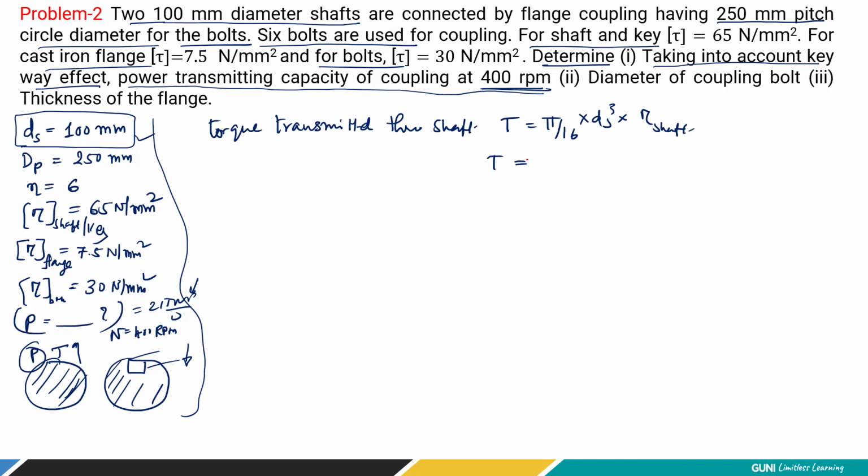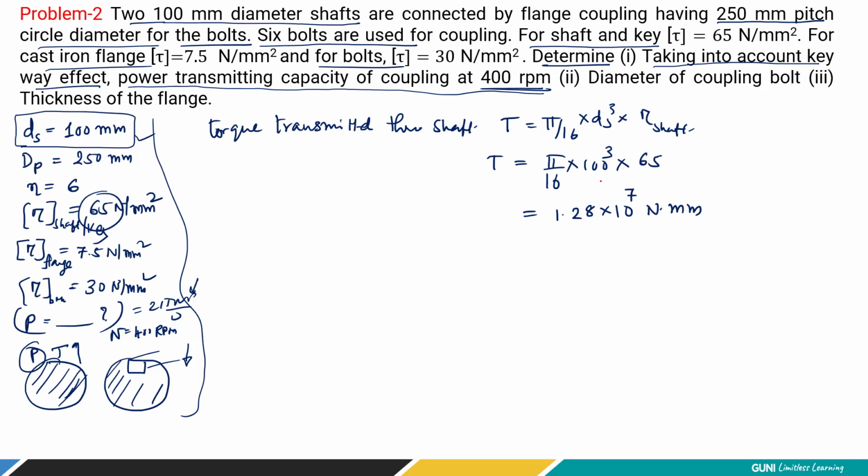Here the torque is to be found. The shaft diameter is given as 100, right? And the shaft shear stress is given as 65. If you work out the value, it comes out to be 1.28 × 10⁷ Newton millimeter.